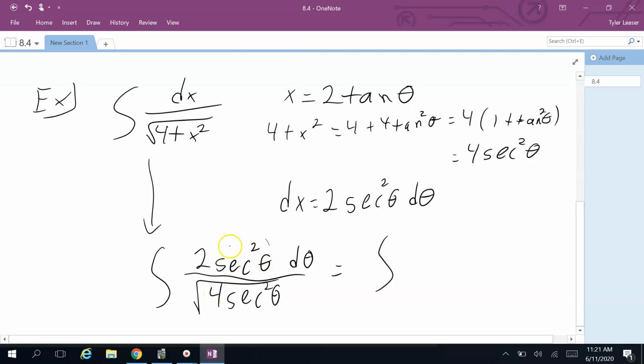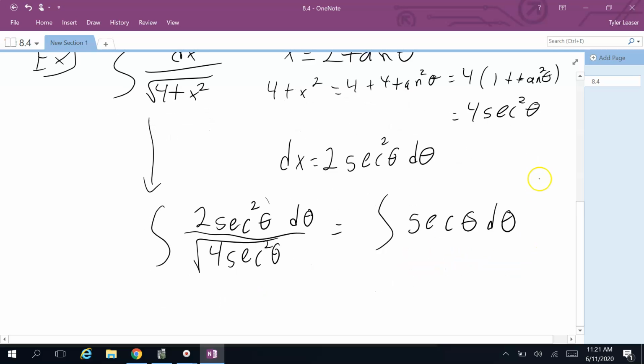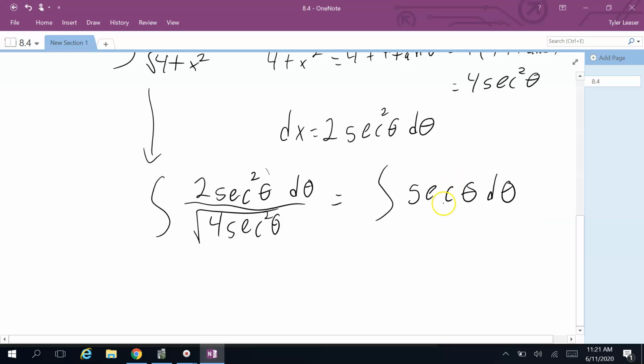I have a secant squared up top, and then the square root of secant squared, which is just 1 secant on the bottom, so secant squared divided by secant is just a single secant. Okay, the integral of secant theta d theta is on that integration table.